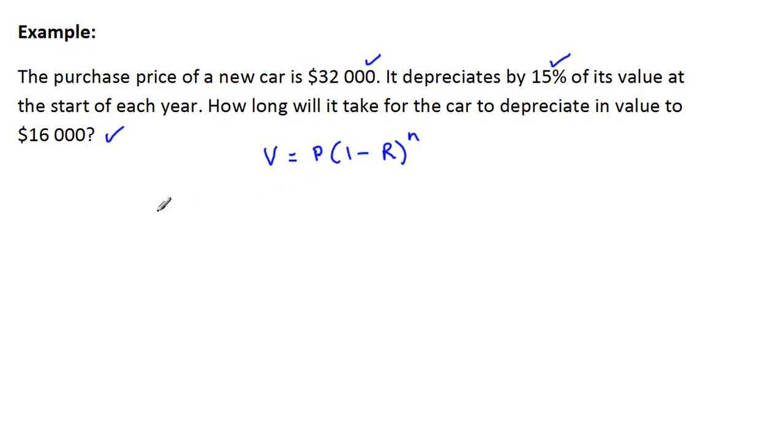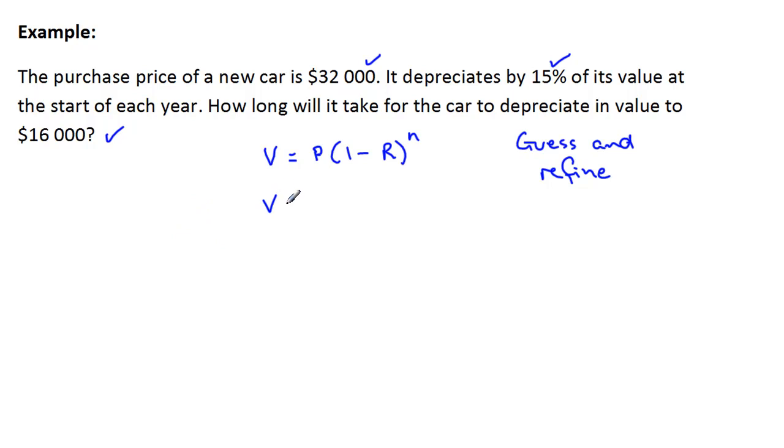So here's the best way. We're going to use what we call a guess and refine method. I'll write this up here. We're going to guess and refine. So let's try a guess. Let's say 3 years that it's going to take.